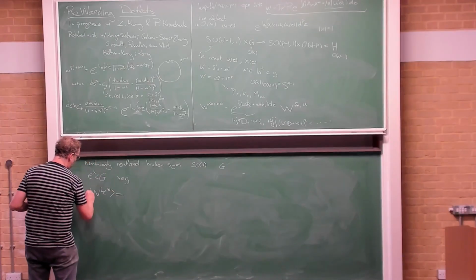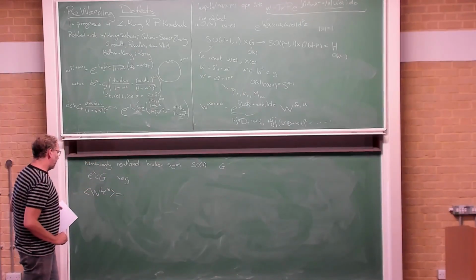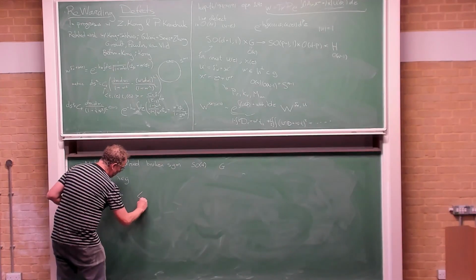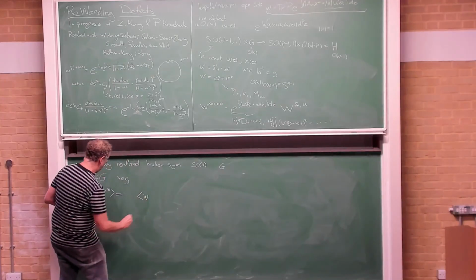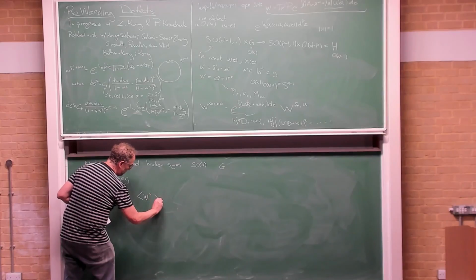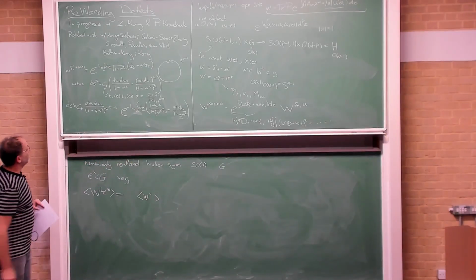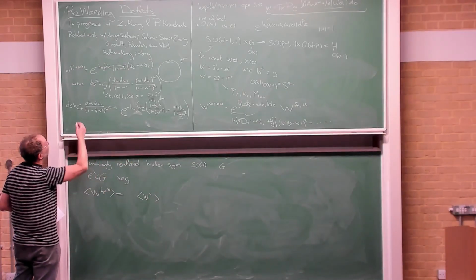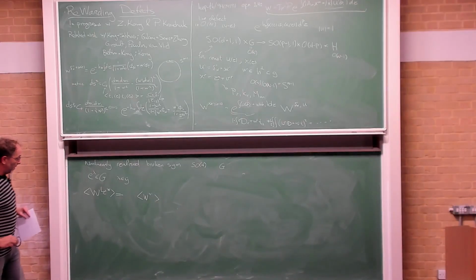So the expectation value of this defect should be equal to the expectation value of W with these deformations. W, I can take it to be the small deformations W or U, that doesn't matter.